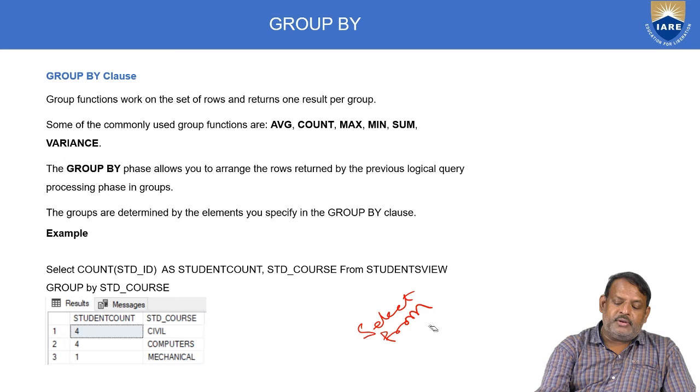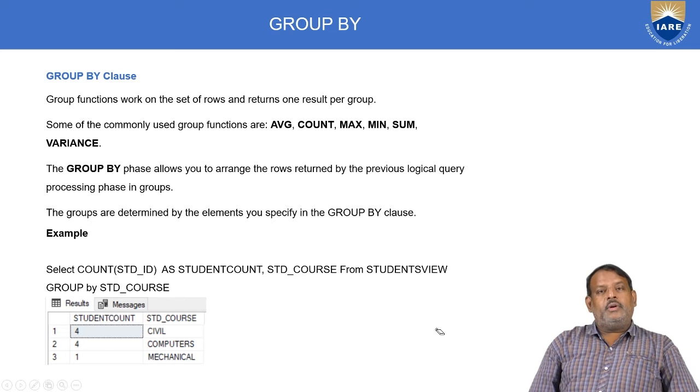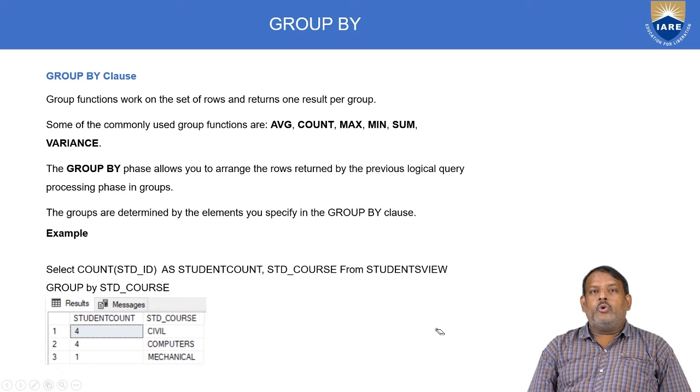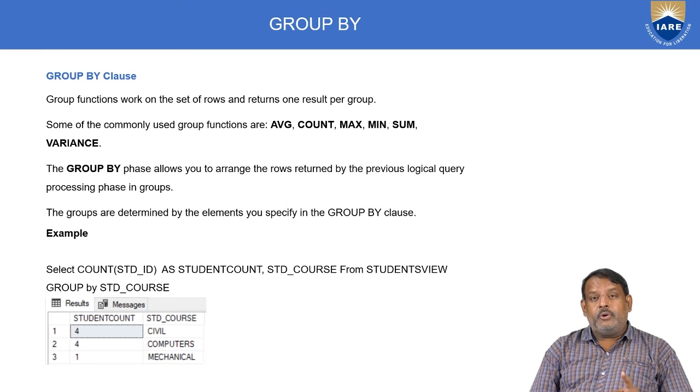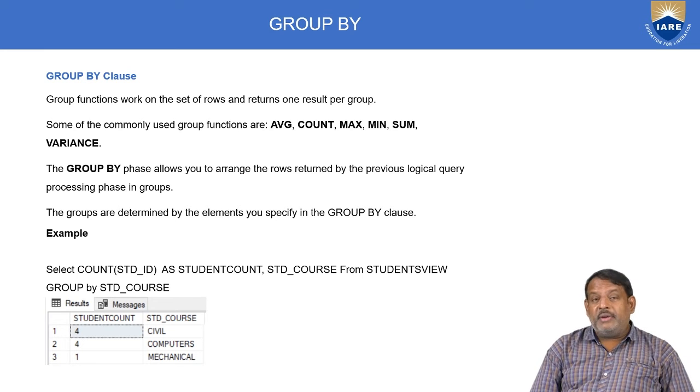Now let us proceed further. Next we will see the group by clause. The group by clause works on a set of rows and returns one result per group. It means that your data is being grouped.